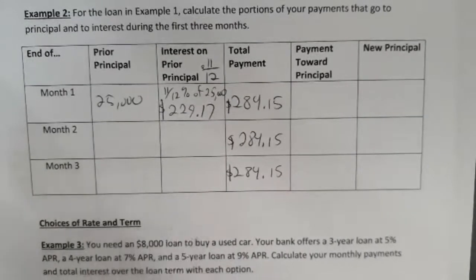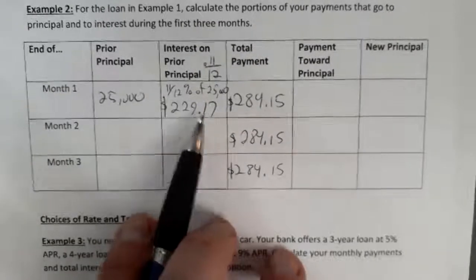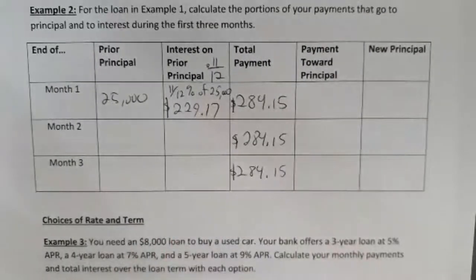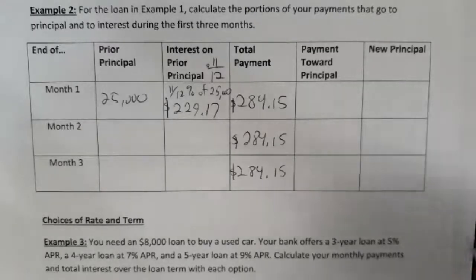And so if we think about this, I want to know what my payment towards the principal is going to be. So if $229 of this is interest, and I made a $284 payment, then what I'm doing is I'm taking the 284 and I'm subtracting the 229.17 to get to 54.98.